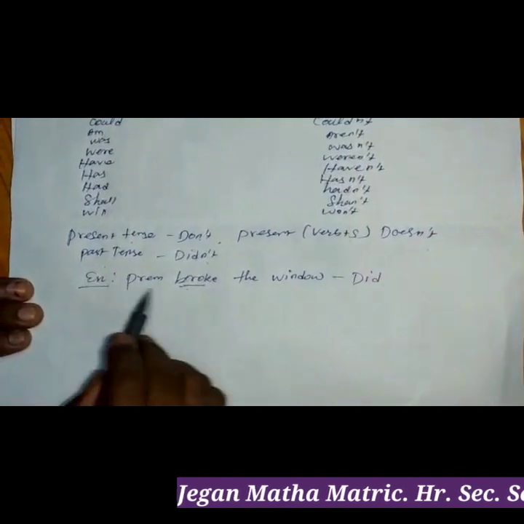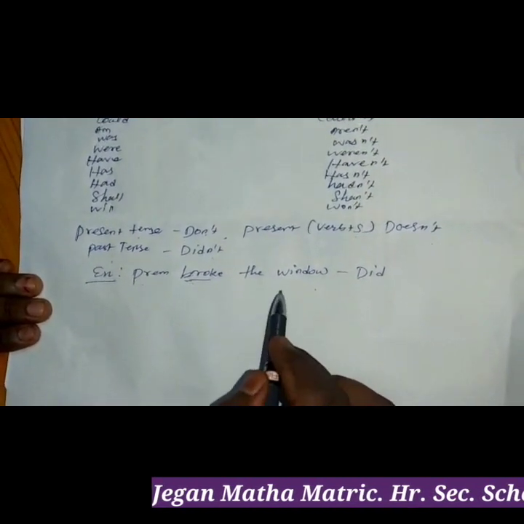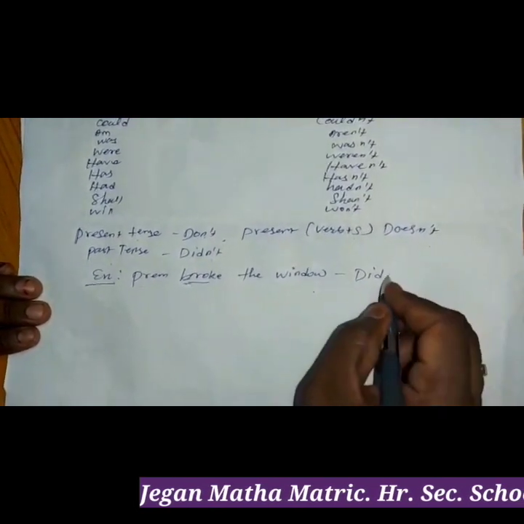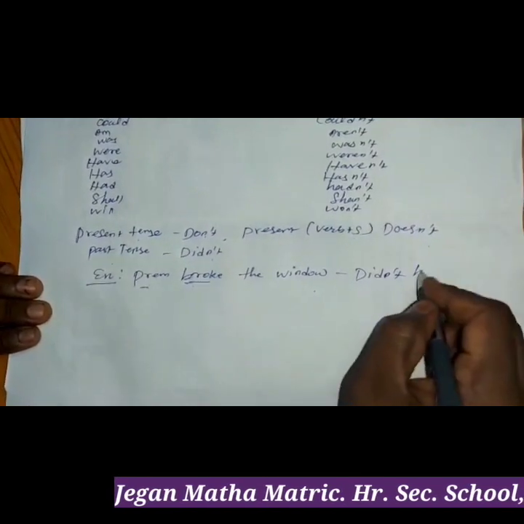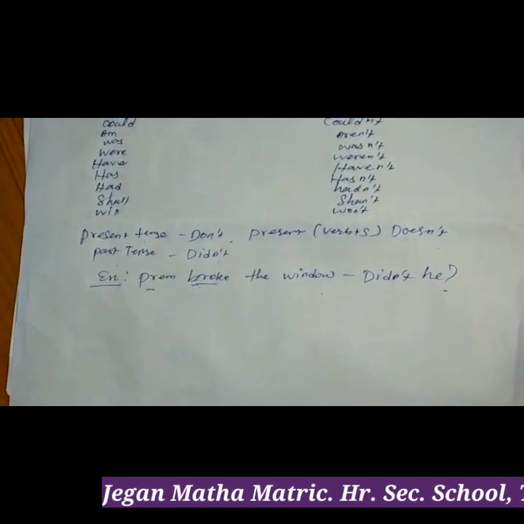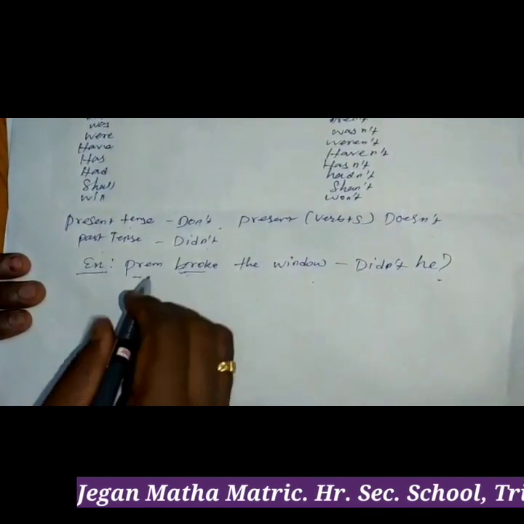This is a positive statement, so the tag is negative: didn't. Is Prem male or female? Male, so he. Didn't he? That's all. I hope you all understood this one. Next, the same, I change the verb only.